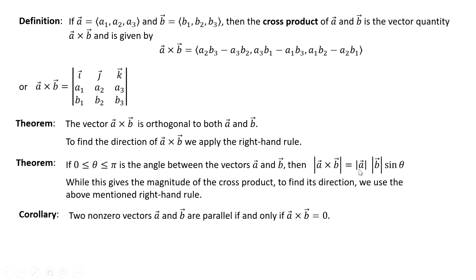A and B are non-zero vectors, so magnitude of A times magnitude of B is some non-zero quantity times 0. So that's going to be 0. So the magnitude of A cross B is going to be 0, right? If the magnitude of A cross B is 0, then automatically that is the 0 vector. So to be more precise, I should have said A cross B is the 0 vector.